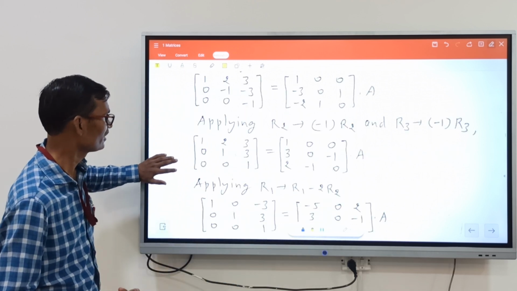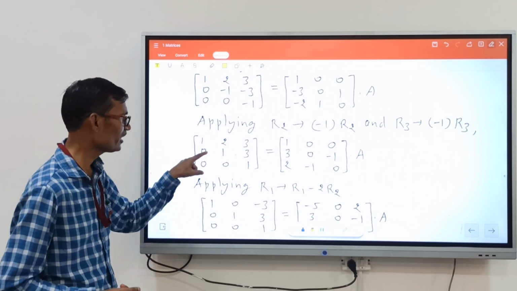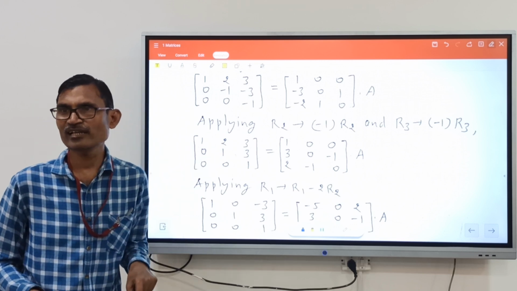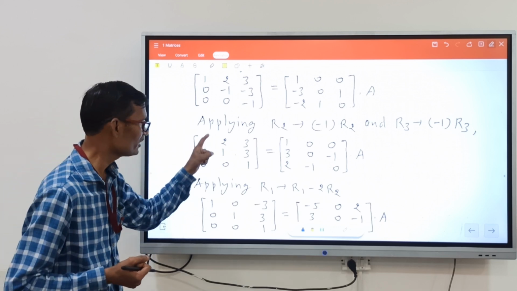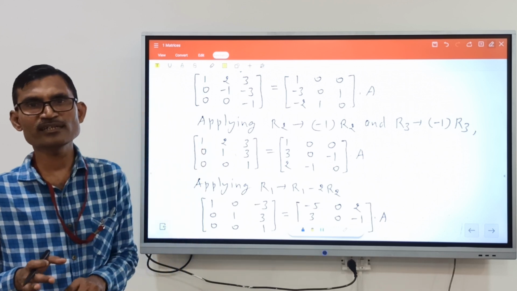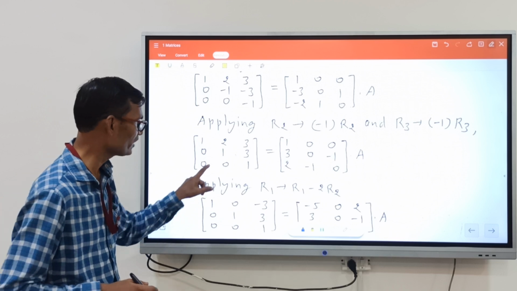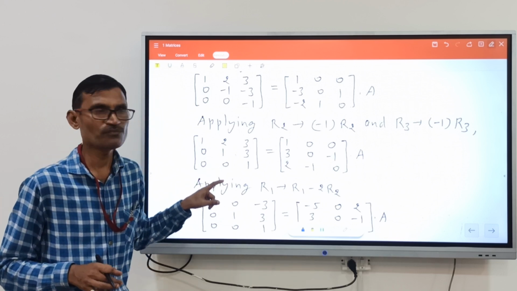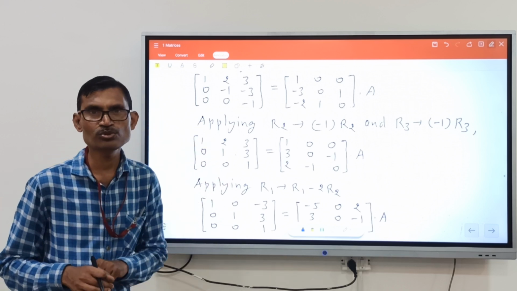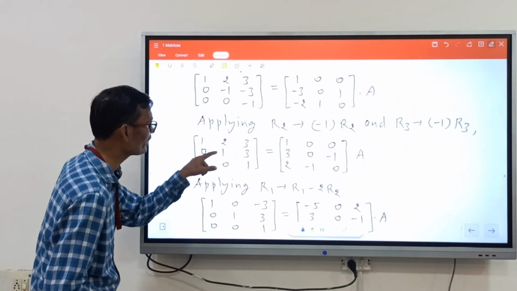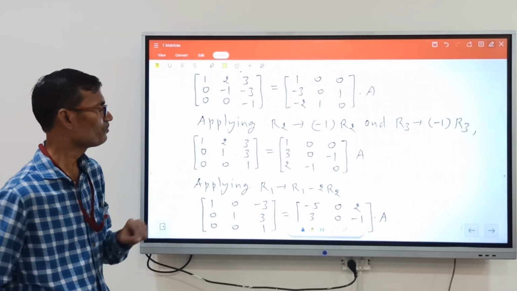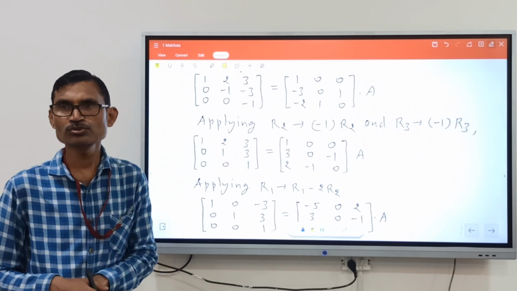Now, see here, it is 1 0 0 already, and the second diagonal element is also 1. So now, in the second column, we will make the other elements 0. 1 0 is already obtained, we have to make the other element 2 into 0. By using the second row, we are going to make 2 into 0.